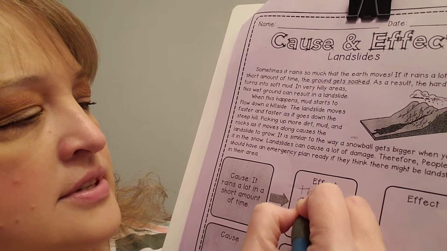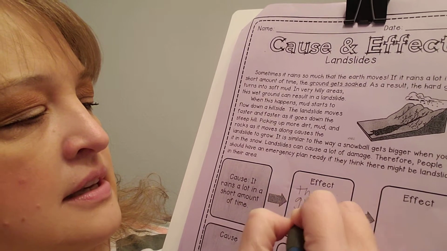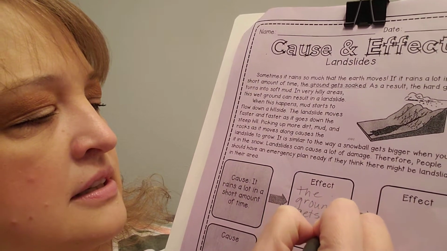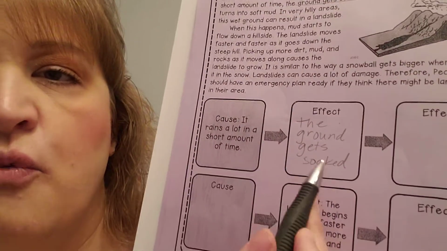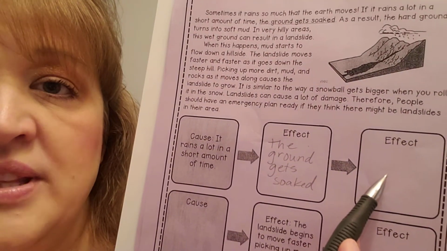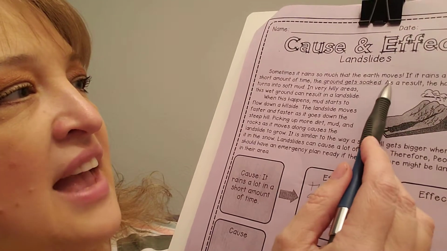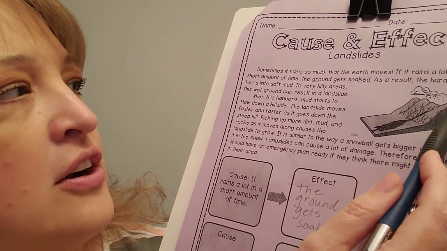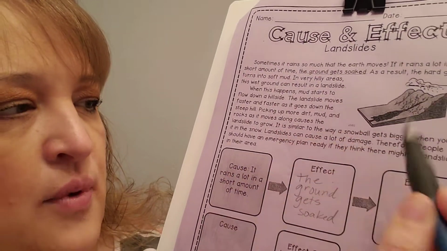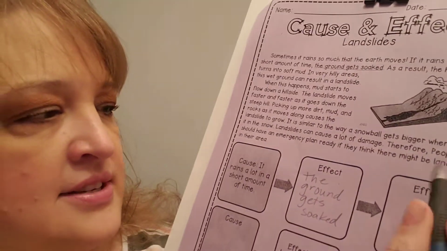The ground gets soaked. Now, once the ground gets soaked, then what happens? What's the next effect? As a result, the hard ground turns into soft mud. So what happens here? What's the effect?